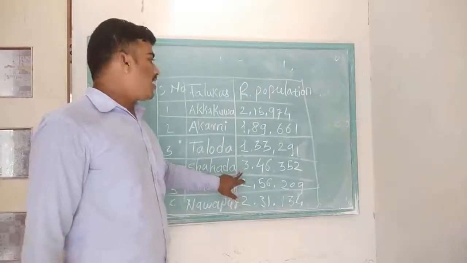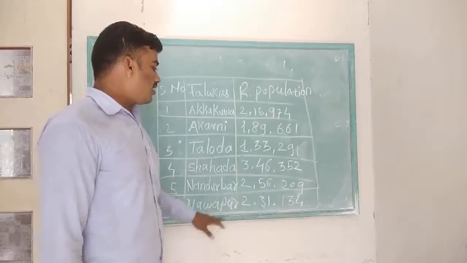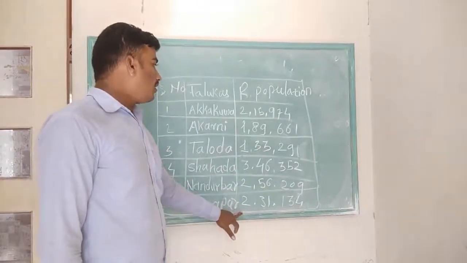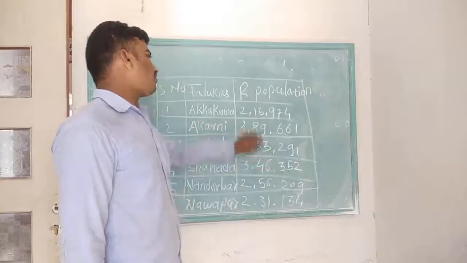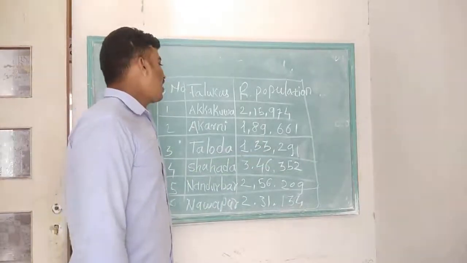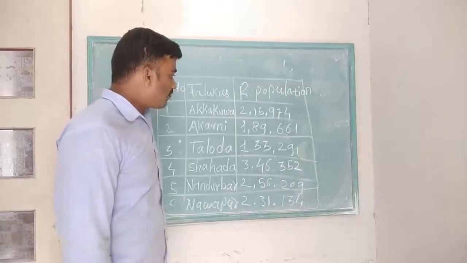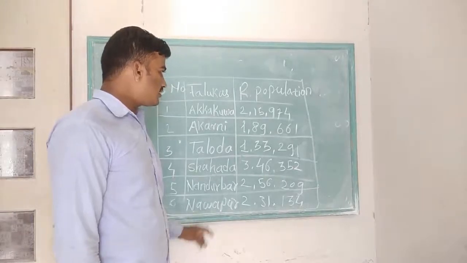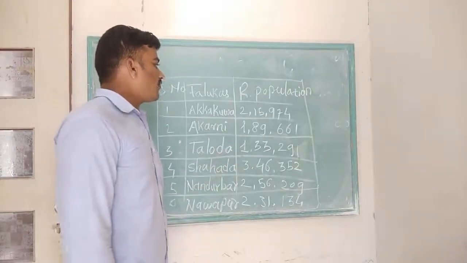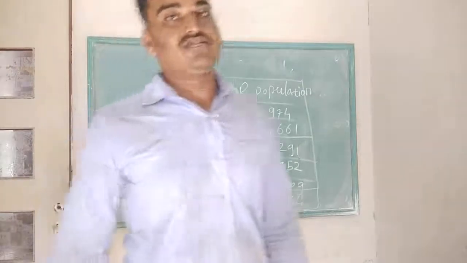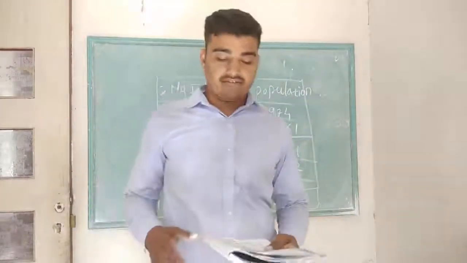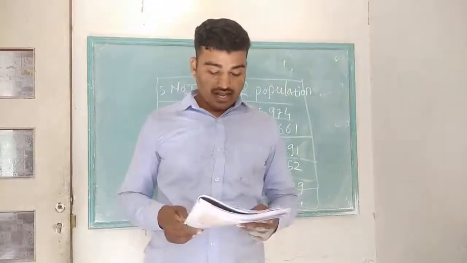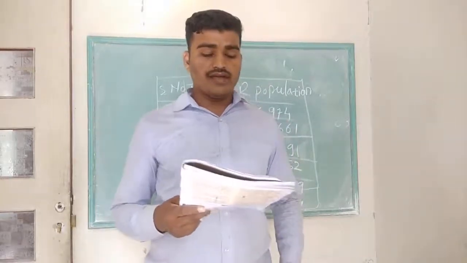This will come on first rank, then on second position 2,56,000, on third position 2,31,000, fourth position 2,15,000, fifth position 1,89,000, and the last, lowest one, sixth, 1,33,291. These values we have to mention in the talukas of Nandurbar district. We have to put the value of the population.